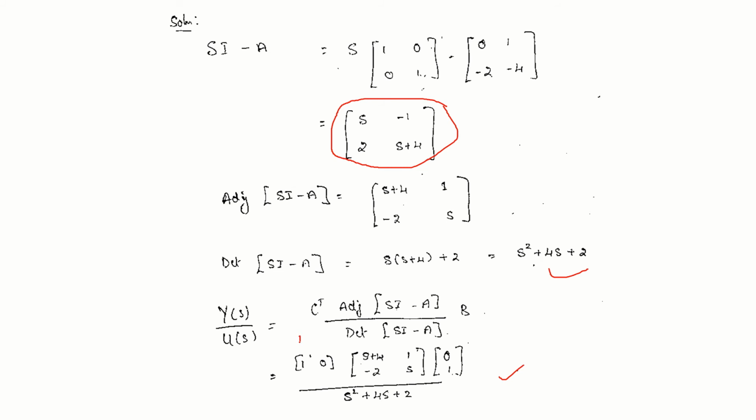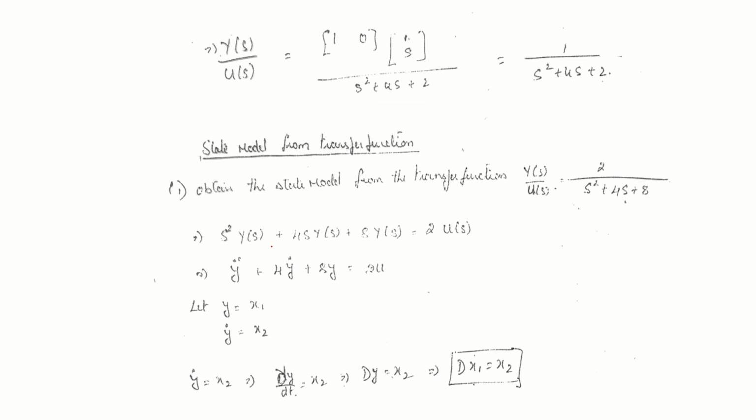Here it is 1 row and 2 columns, here 2 rows, 2 columns, and 2 rows, 1 column. You can multiply these because the inner dimensions are equal. Then you will get 1 into 1, so you will get this.